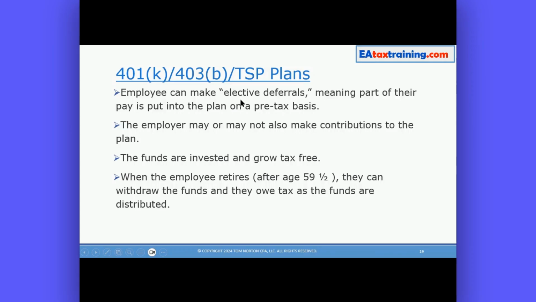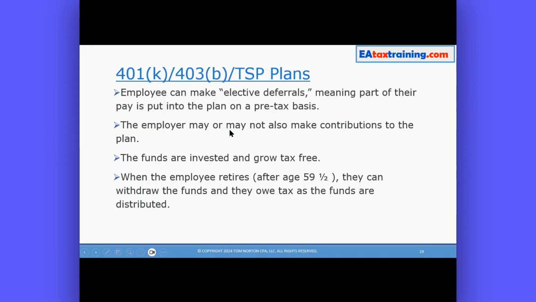If they do choose to do so, then that pay goes into the plan on a pre-tax basis. Generally, this is for what we would call a regular type of plan. We'll talk about Roth plans next. But for a regular 401k, 403b, TSP plan, those contributions go in pre-tax. So it's not included in their W-2 wages.